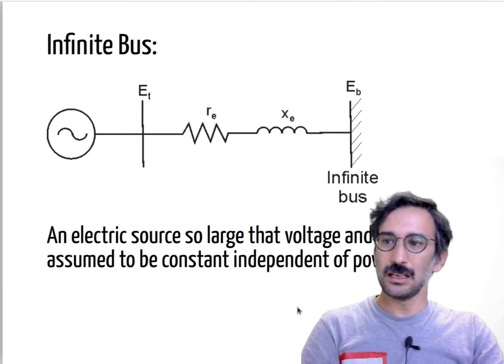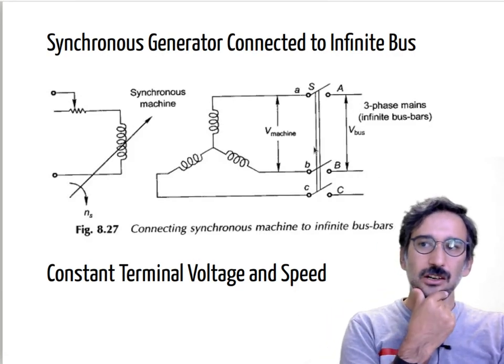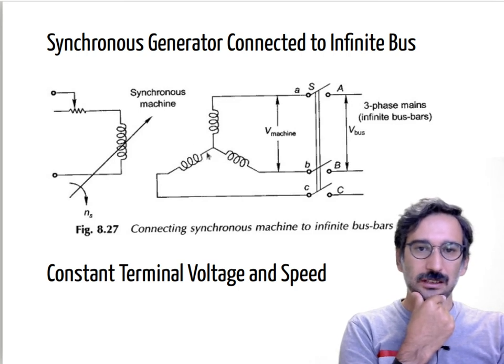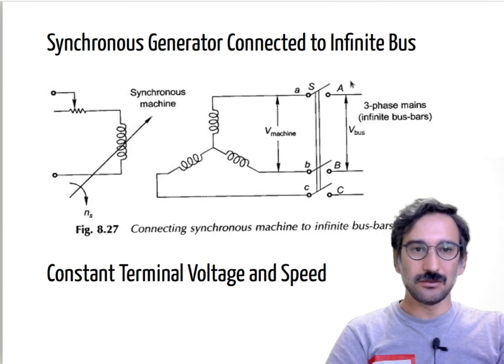So let's have a look at how it works. This is the three-phase model, and this is our synchronization switch, and on the right-hand side you have the infinite bus bars, where the voltage and the frequency will be constant.